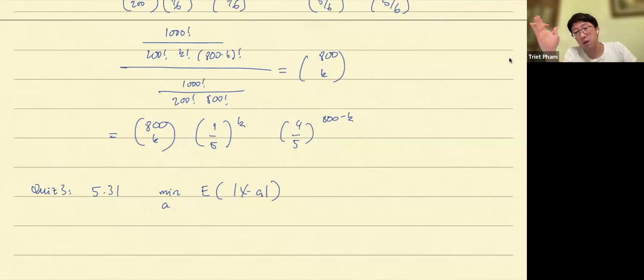X represents the random location of some event. A is a fixed location of something like a service station. So you want to minimize the distance. But as I told you, these days machine learning is super popular.